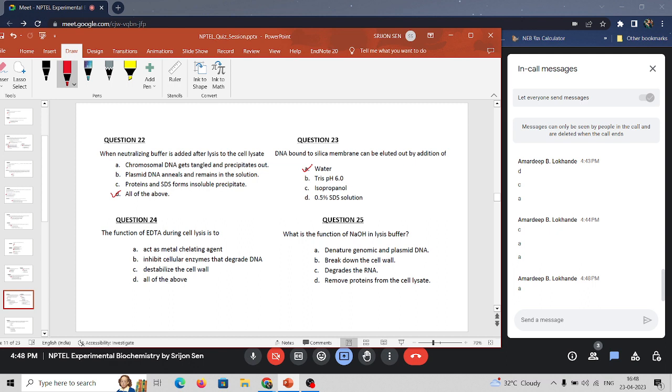So what is the function of EDTA in cell lysis? All of the above? No. It acts as a metal chelating agent, that is right. Also, it inhibits cellular enzymes that degrades the DNA.